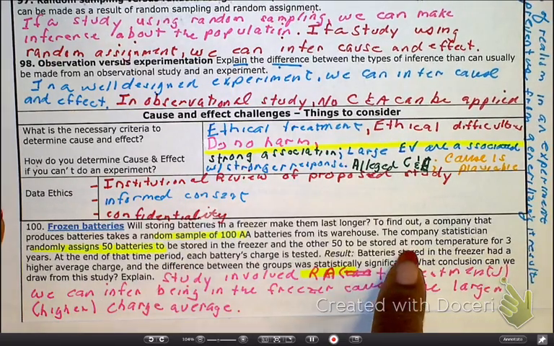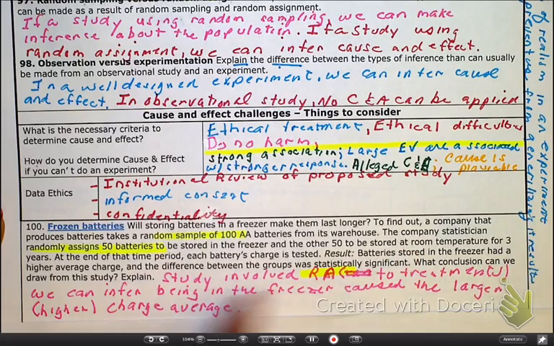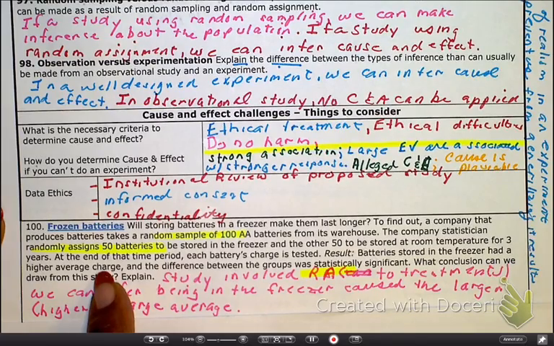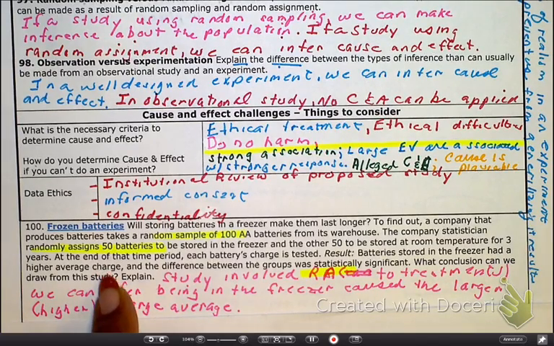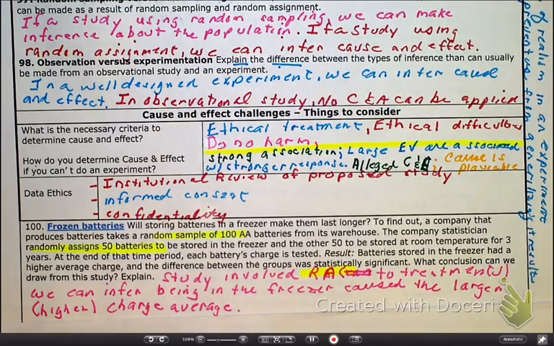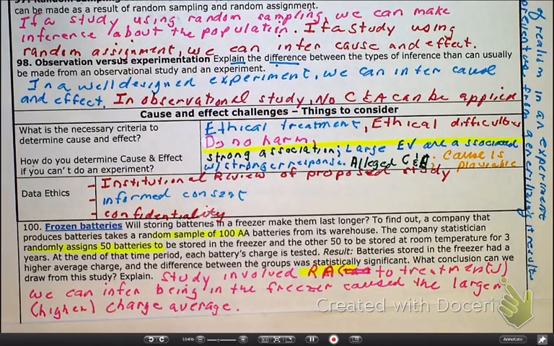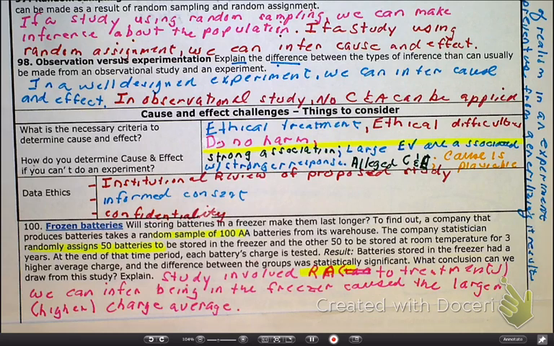The other treatment was just room temperature. And they found out the refrigerated one was better. So yes, we can make inference about the entire population because it is large enough. And yes, there was a treatment imposed. Those are the two treatments: refrigerator versus room temperature.